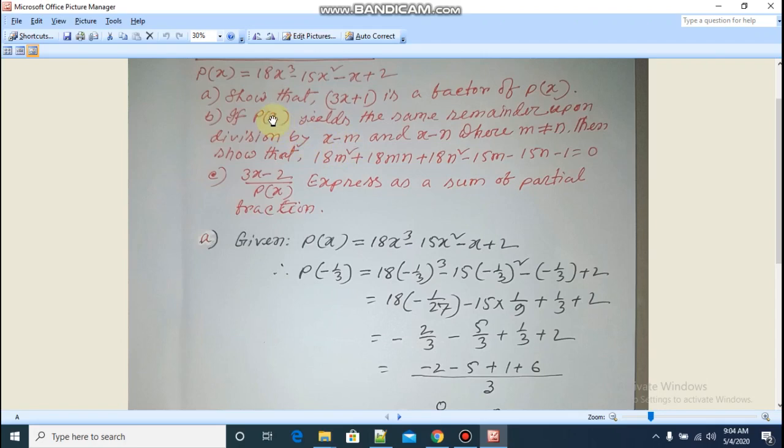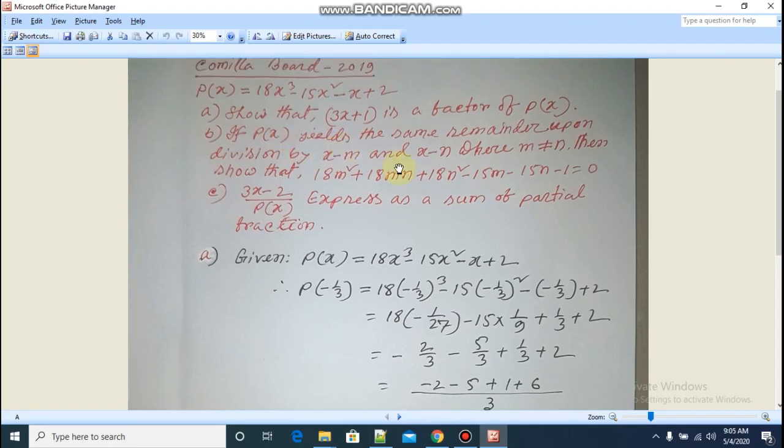Again, when P of x is divided by x minus n, the remainder will be P of n. This is the remainder theorem. From this question we get P of m and P of n are equal.